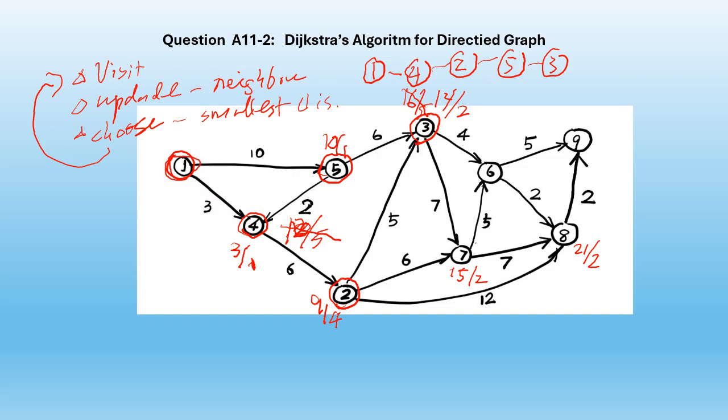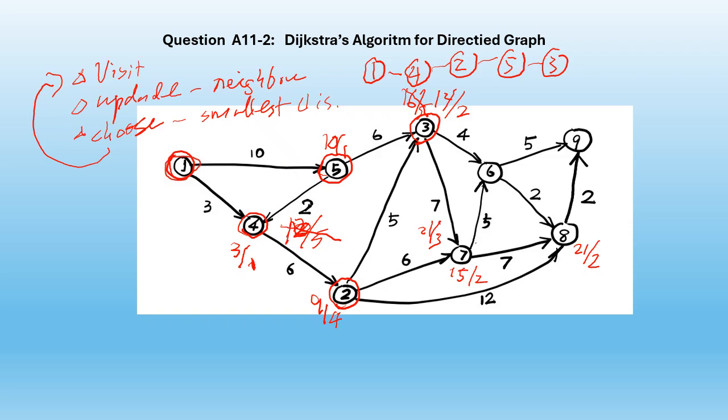Now update. Remember: visit, update neighbors, and choose; then visit, update neighbors, and choose. Alternate until everyone is visited. You only visit one at a time and update all of its neighbors. So now we are visiting 3. Here 14 plus 7 is 21 through 3.